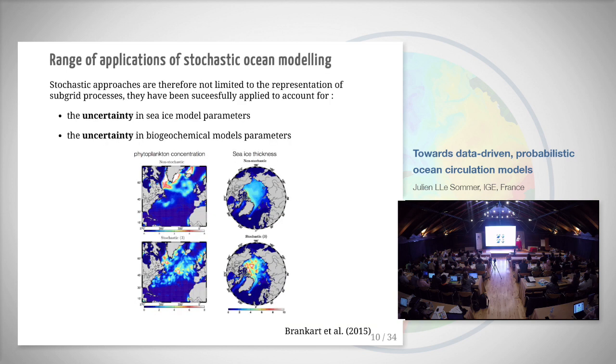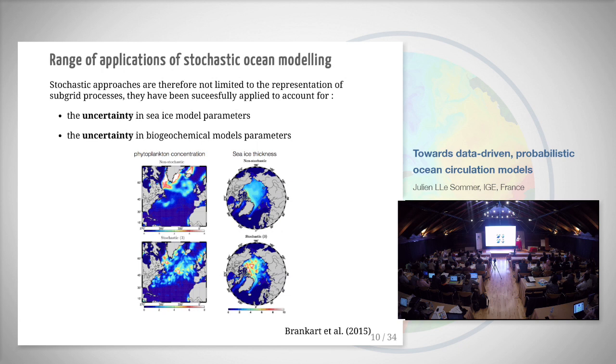So if you take this perspective, basically you're no longer only dealing with using stochastic closures. You're talking stochastic modeling for accounting for uncertainties, and therefore you can account for a wider range of uncertainties than just subgrid closures.